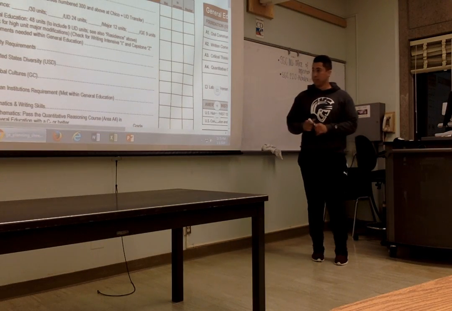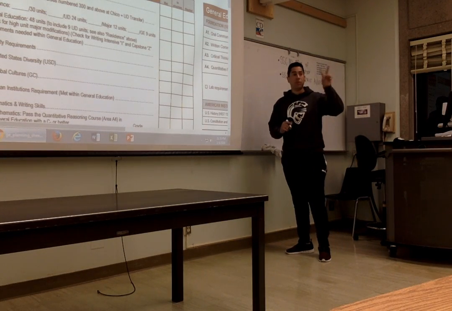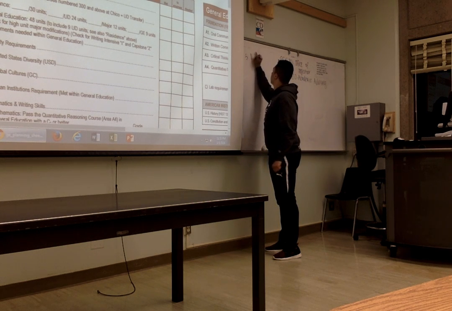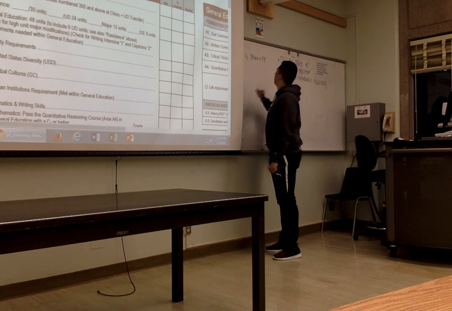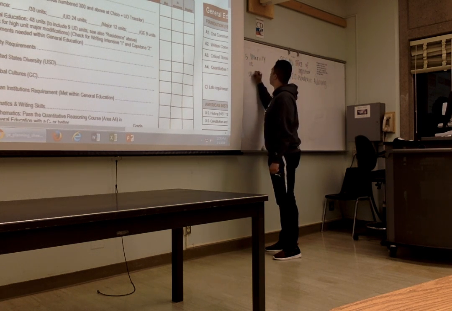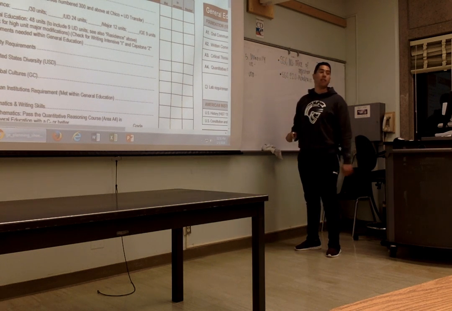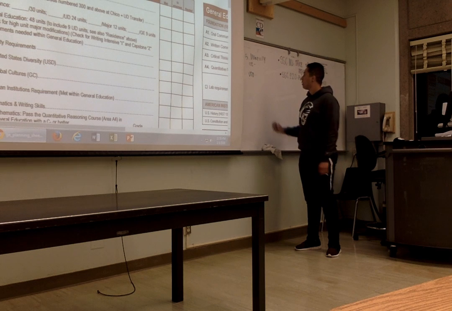Number 5 is diversity. We have 2 diversities. One is your global culture, and the other is your USD. There are 2 classes that you have to take, 3 units each.